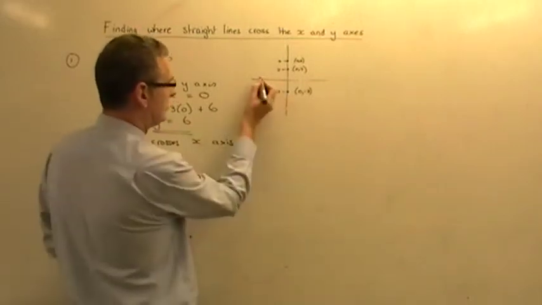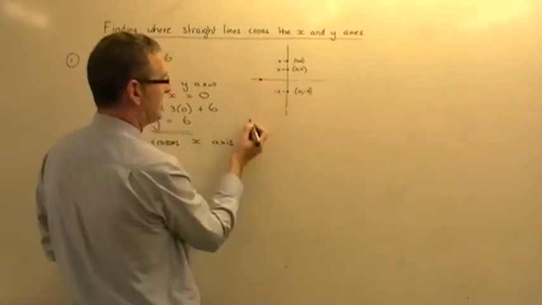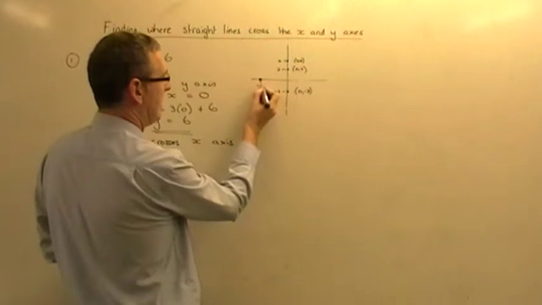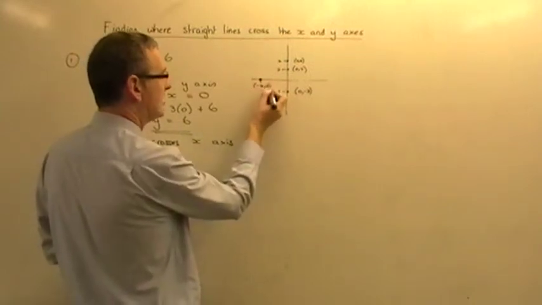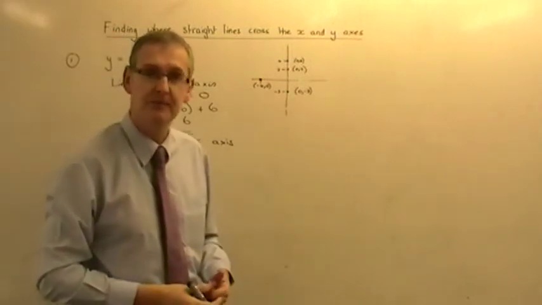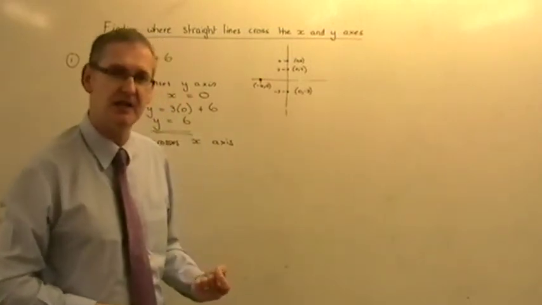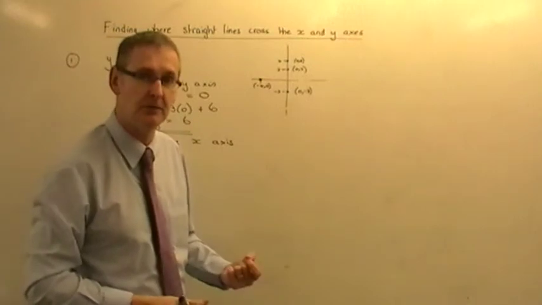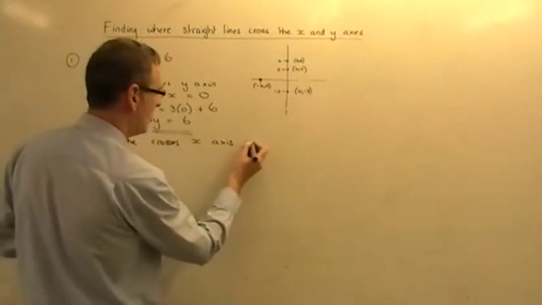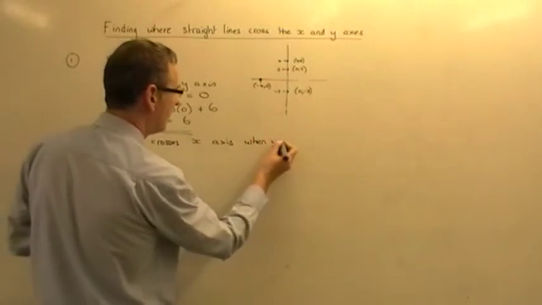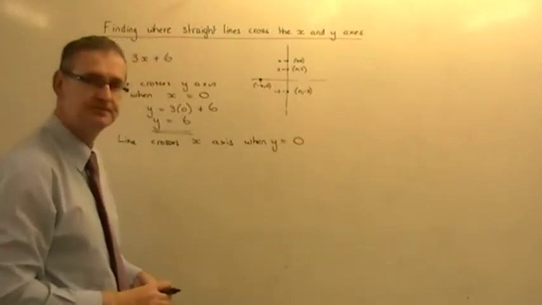For example, on this picture up here, if it crosses the x-axis at minus 4, then its coordinate would be minus 4, 0. So wherever it crosses the x-axis, the y value will be 0. So we say the line crosses the x-axis when the y value is equal to 0.